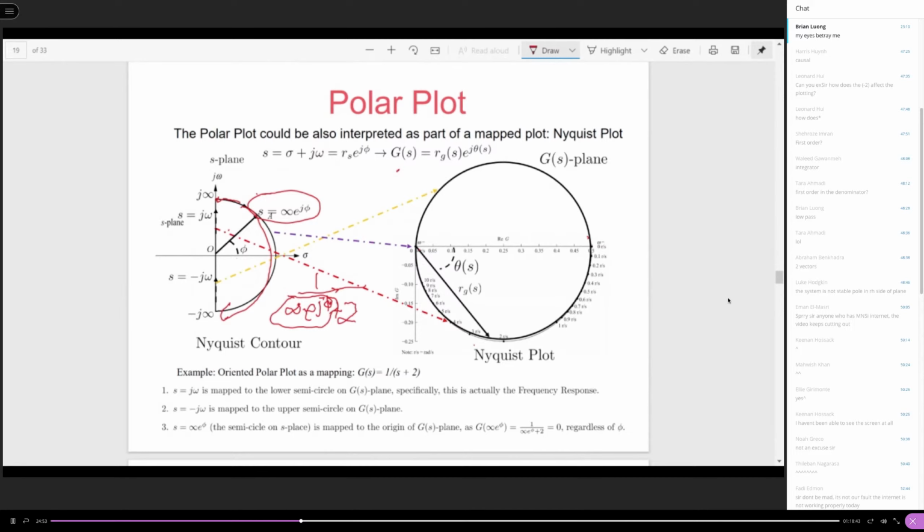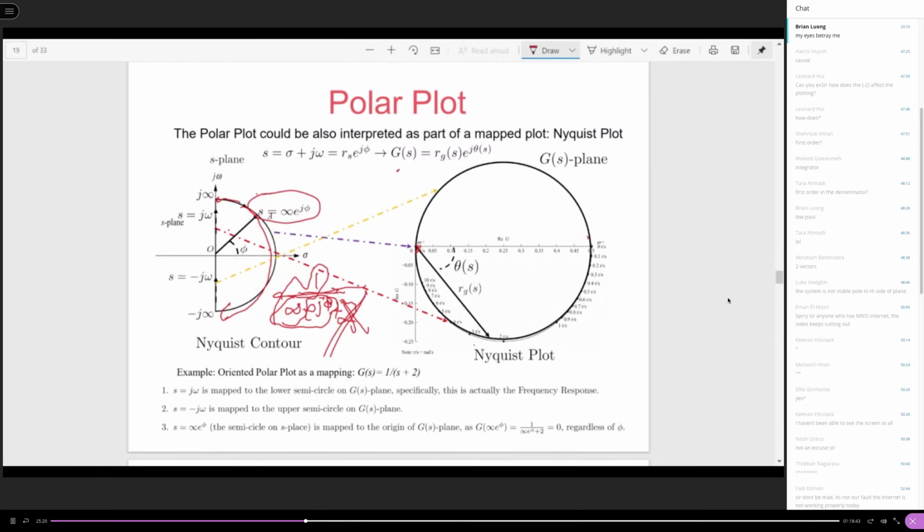The magnitude is infinity. If you compare 2 with a complex value whose magnitude is infinity, the 2 is ignorable. So the mapped value will carry a magnitude of 1 over infinity, which is 0. So the magnitude is 0.